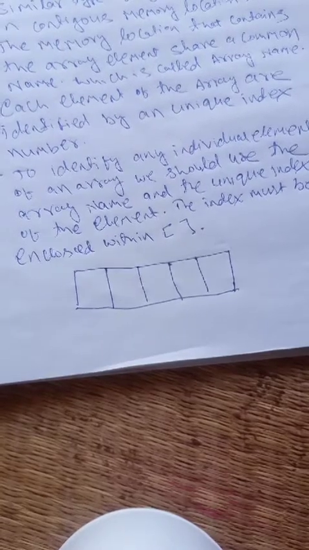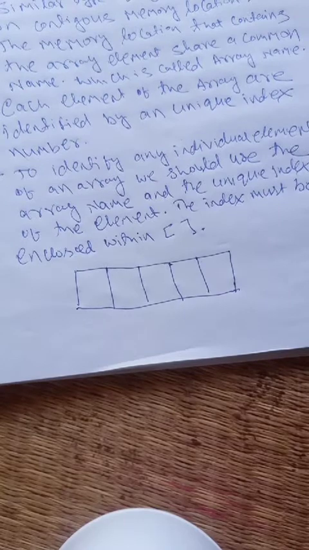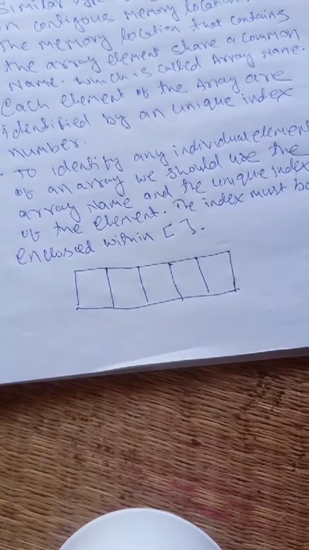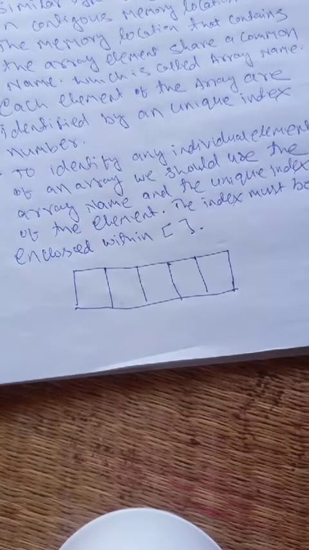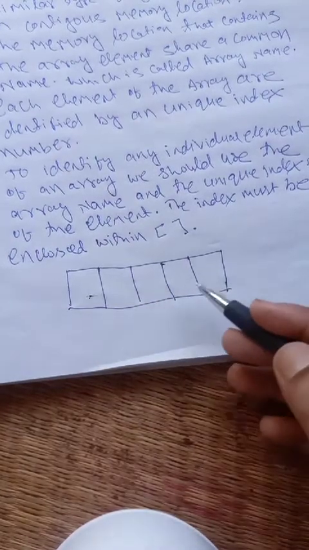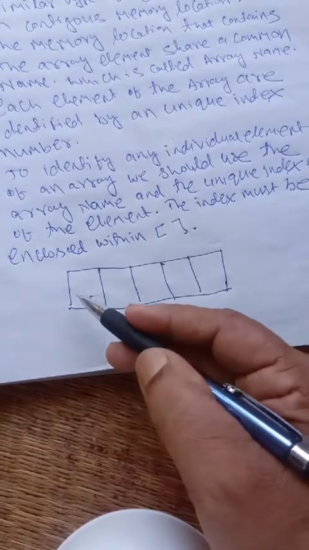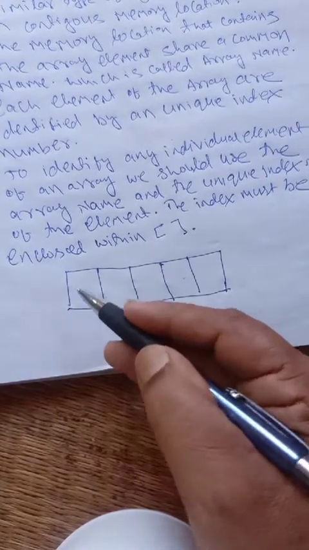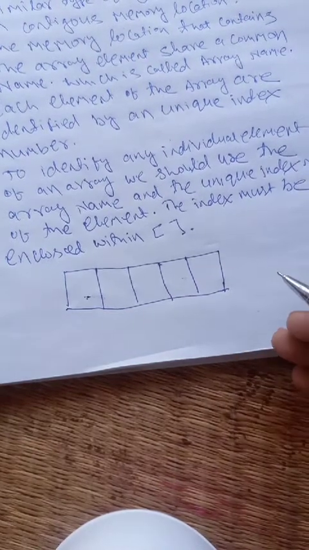Homogeneous means similar data elements, so the data type must be the same. If I store an integer at the first place, then all the elements I store in this array must be of integer type. If I store floating point data at the first place, then all the elements must be floating point.